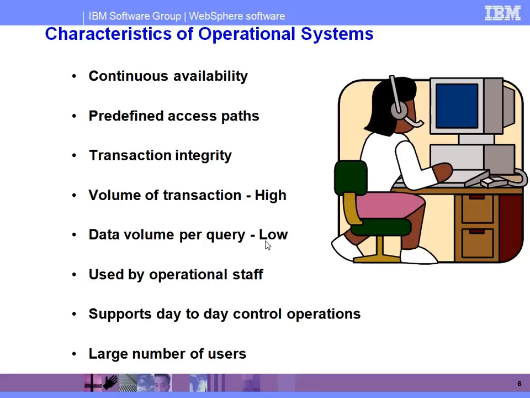Operational staff are the people who use this operational data. For example, I am trying to open an account. Who will help us to open an account? The employee sitting in front of the system as a clerk. That person helps me to open an account.